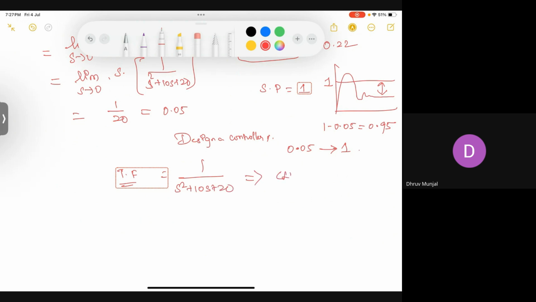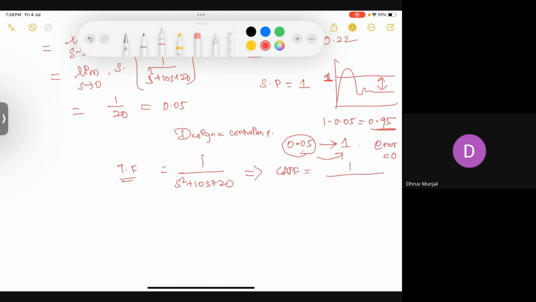It's giving a steady state value of 0.05, but my set point is 1. So if I want to have a good tracking or regulatory system, I want to bring this steady state value to 1 so that the error is equal to 0. Now the error is 0.95, it's quite large, right? Okay. So if I find the closed loop transfer function, it will become 1 divided by s squared plus 10s plus 20 plus 1, considering a unity feedback system.